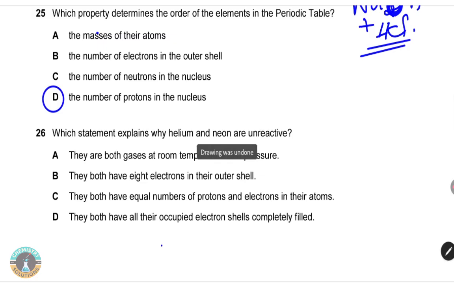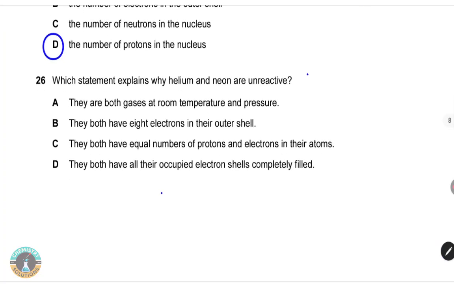Which statement explains why helium and neon are unreactive? They are both gases at room temperature and pressure. Helium and neon, they both have 8 electrons in the outer shell. You must read these statements very carefully, because we have to justify why they are unreactive.